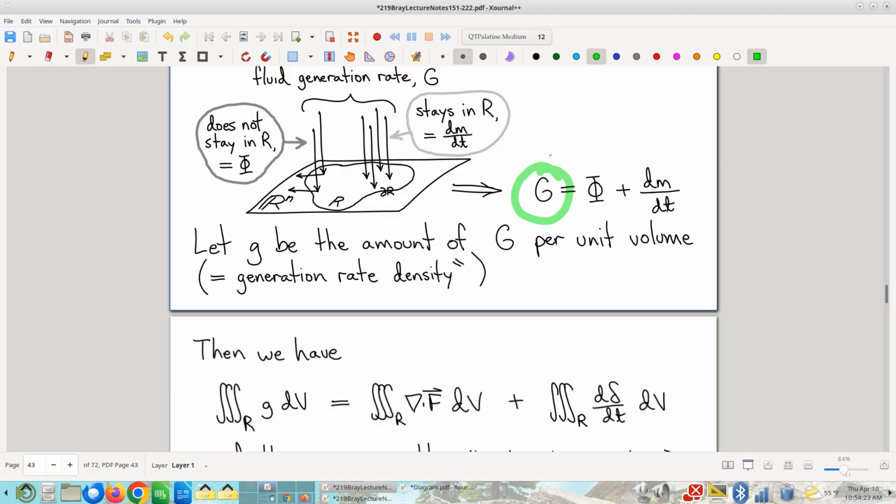Yes, there's the movement, but then there's also, they're having python babies, right? We're literally generating pythons in Florida. So generation, that's the total rate over the entire region. The little g is the corresponding density. It's like, okay, right in the middle of that big swamp, I'm guessing there's a lot of python births happening there, right? In downtown Miami, not so much, right? Does that make sense?